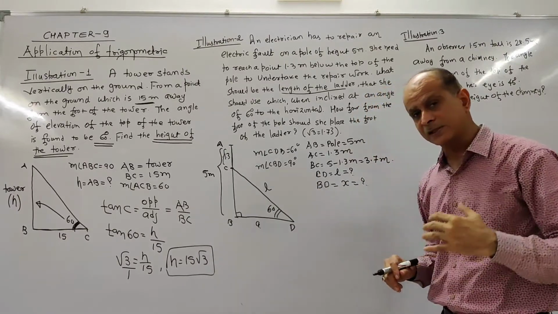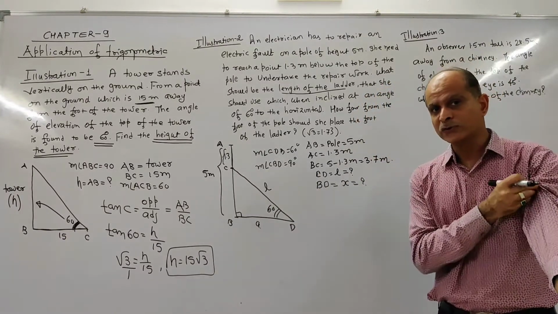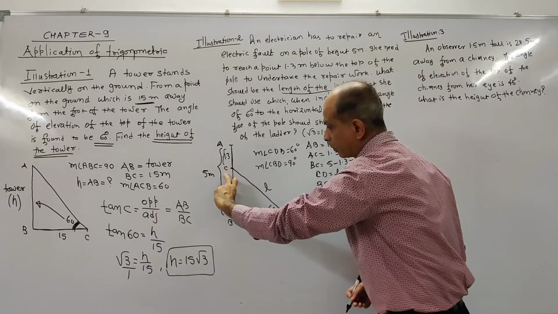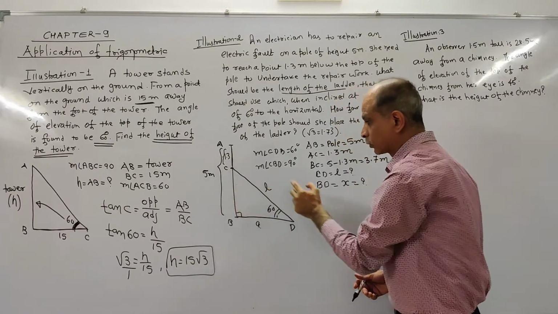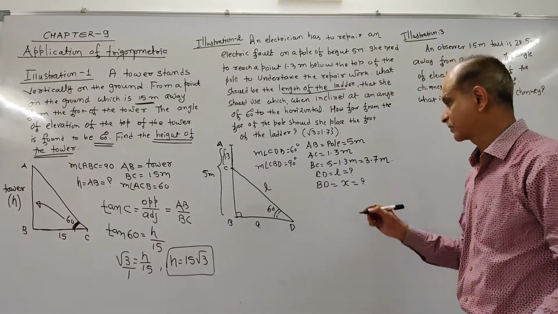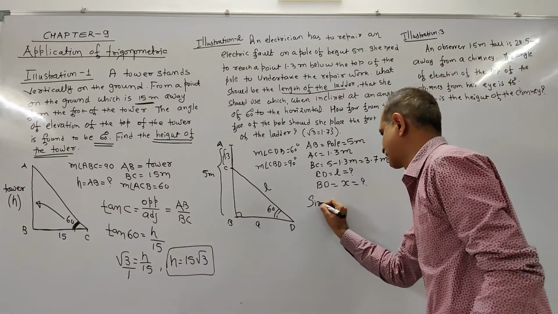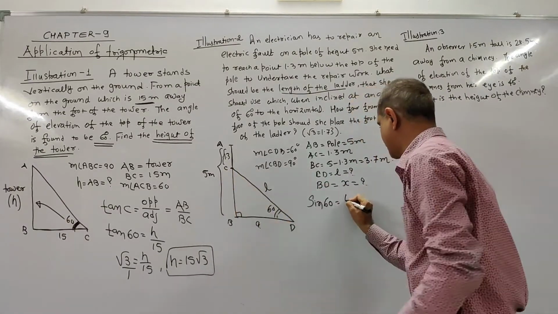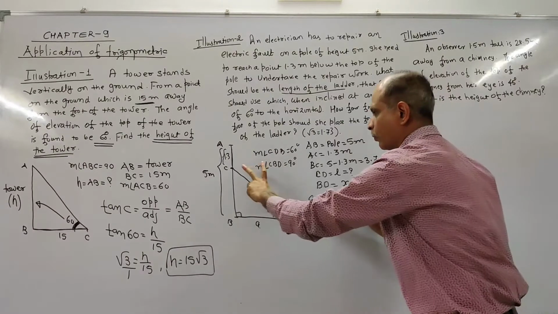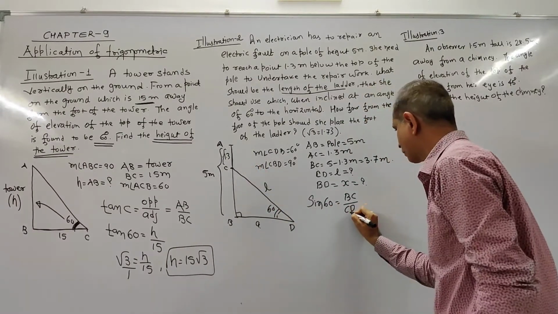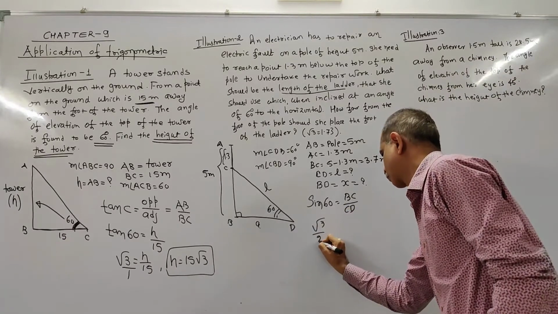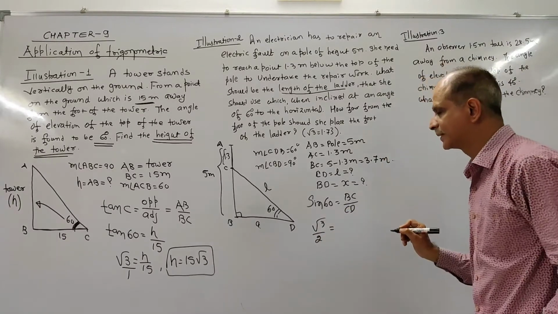When hypotenuse is involved, you have to use sine or cos. But the side opposite to the angle is given to you. So opposite side and hypotenuse means sine. So let me take sine 60 first. Sine 60 means opposite, BC, upon hypotenuse, CD. The value of sine 60 is root 3 by 2. So root 3 by 2 is equal to BC.